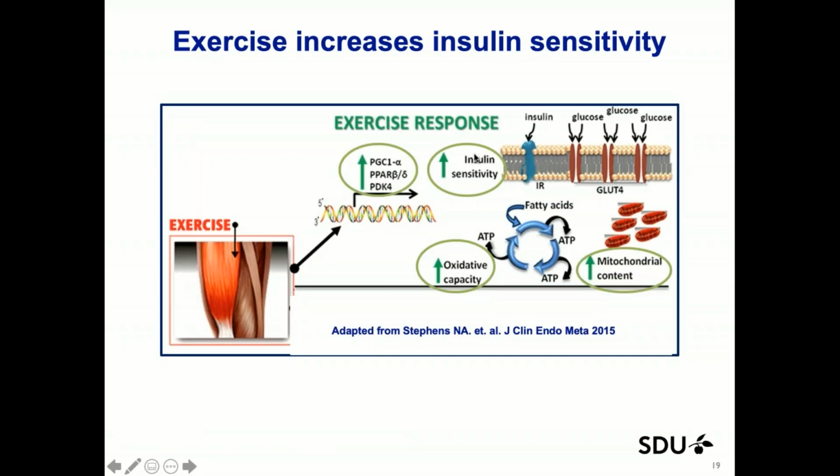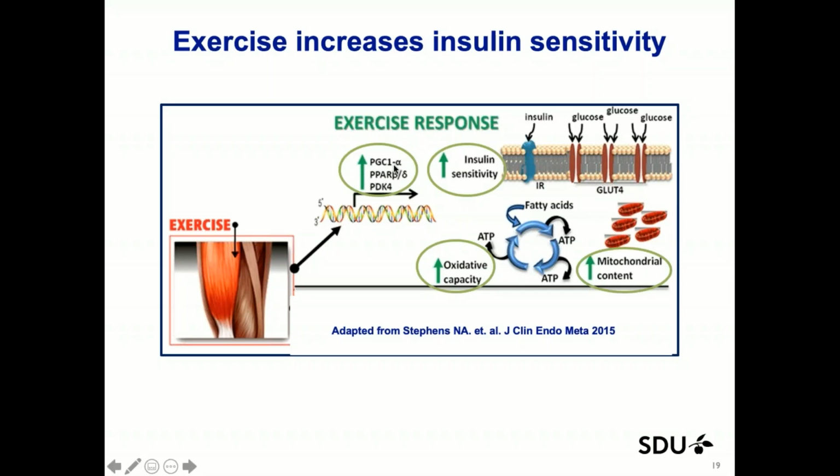So I mentioned very clearly that in insulin-resistant conditions and type 2 diabetes, you have reduced insulin sensitivity and reduced glucose uptake. Of course, the mitochondrial function and content has also been suggested to be reduced. Interestingly, with exercise, from a muscular perspective, we have seen, and several others have shown, that exercise not only increases whole body insulin sensitivity, but also increases muscle glucose uptake, and the mitochondrial content and oxygen capacity are also increased.